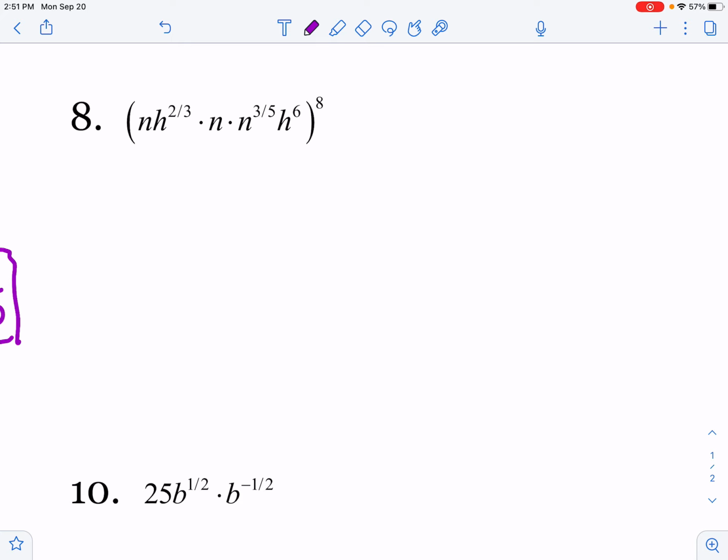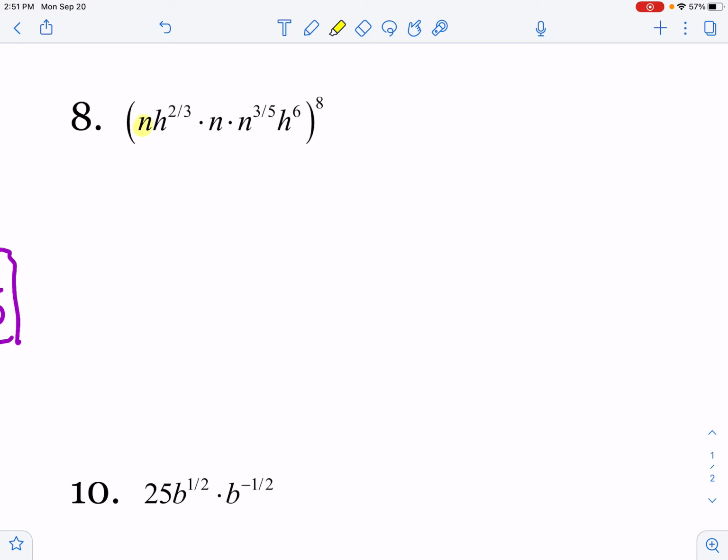So for number 8, there's a couple different ways you can start. You can start by distributing and then simplifying, or you can simplify within the parenthesis and then distribute. Okay. I'm actually going to choose to simplify within the parenthesis first. You will get the same answer if you distribute that exponent of an 8 first. Again, you'll get the same answer.